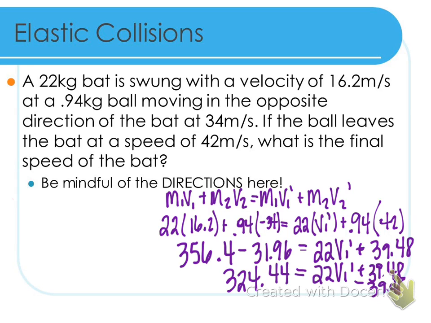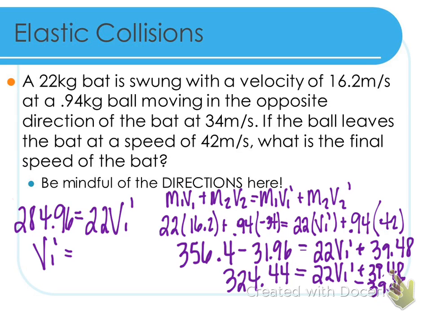That leaves me with 284.96 equals 22 v sub 1 prime. So I'm going to take 284.96 divided by 22, and I get 12.95 meters per second.